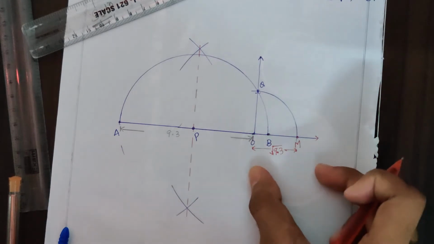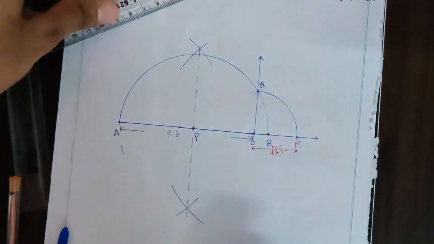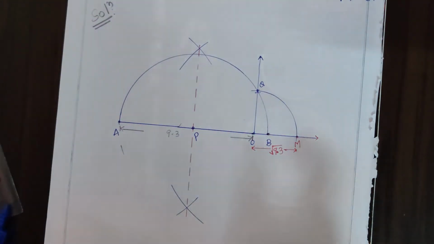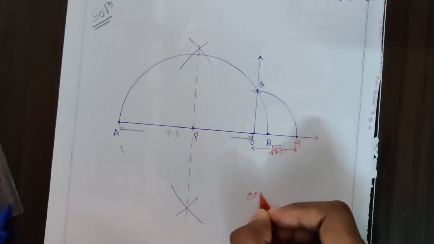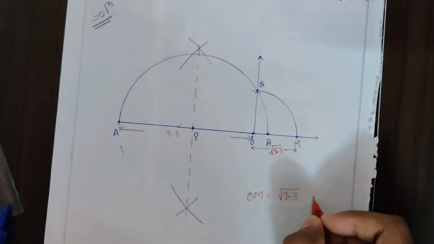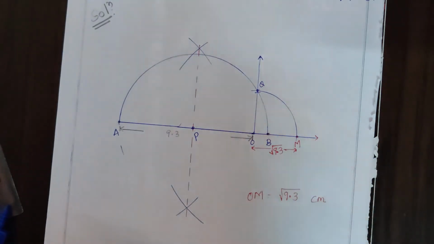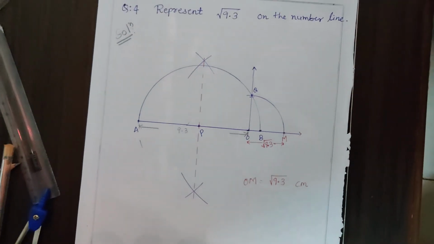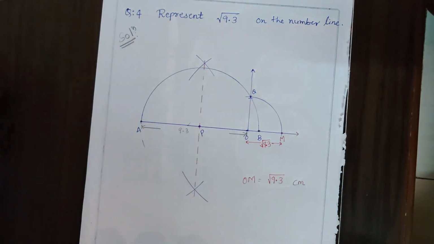This distance OM will be equal to the square root of 9.3 centimeter. We have taken the scale in centimeter.